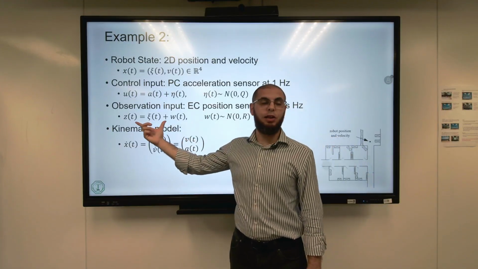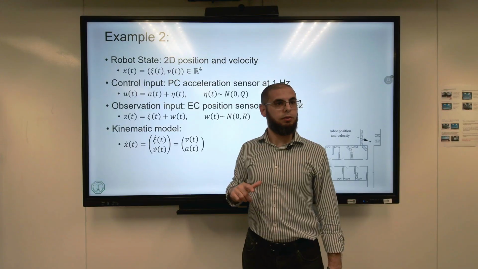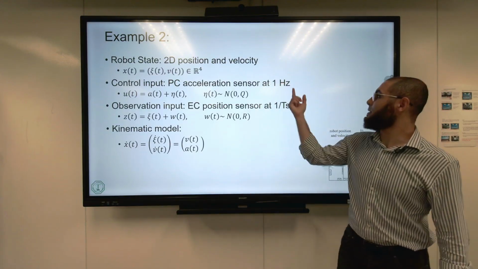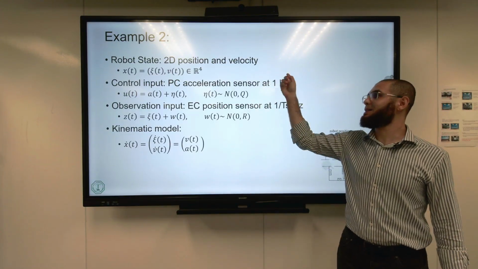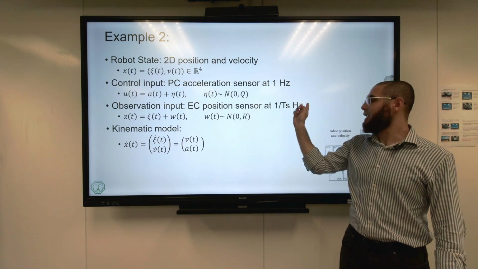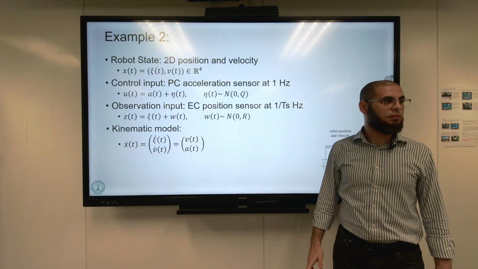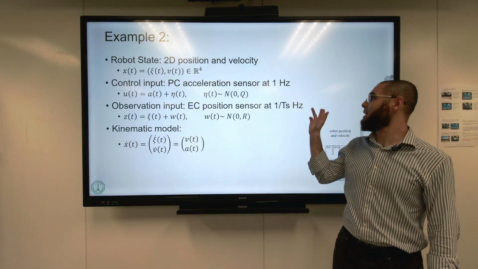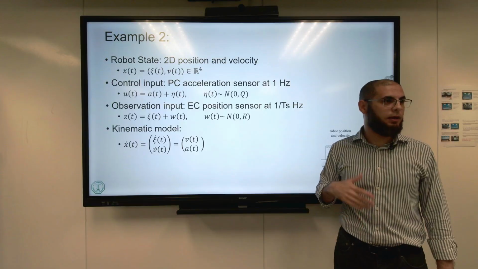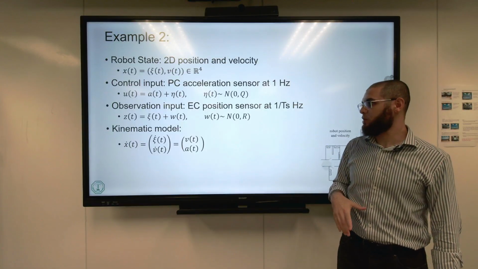I'm also going to be measuring the position of the robot, again at different time intervals. So every 1 second I measure the acceleration, and every ts seconds I'm measuring the position of the robot using this position sensor.